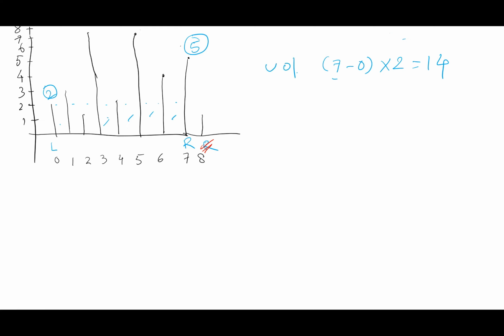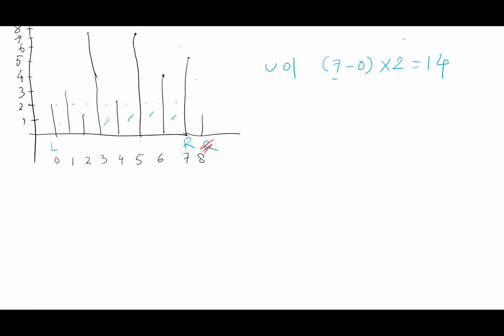Okay, but we will try the other ones, right? So which pointer do we want to move next? We want to move the smaller wall pointer, right? Because potentially we can get an even higher wall, which will increase the volume of the water. So for that reason we will move this time.